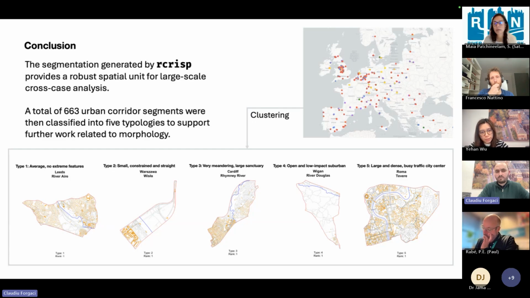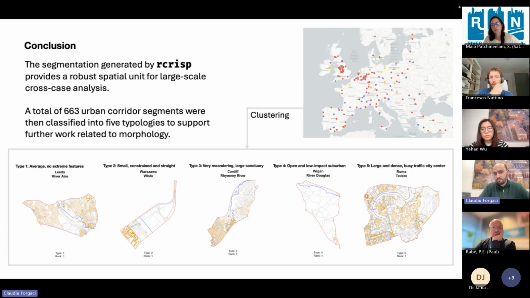So for this use case, there are 663 segments, and using clustering, they were classified into 5 typologies. You can see from here, and this is a way that we generalize into more representative typologies, and based on that, we can do further analysis.